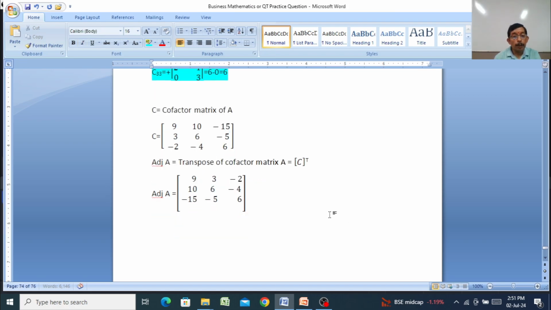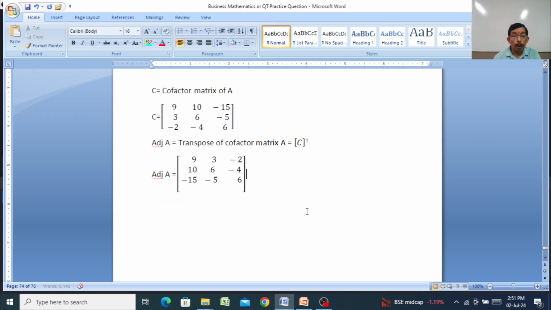This is the value of adjoint A. Now we find A inverse.